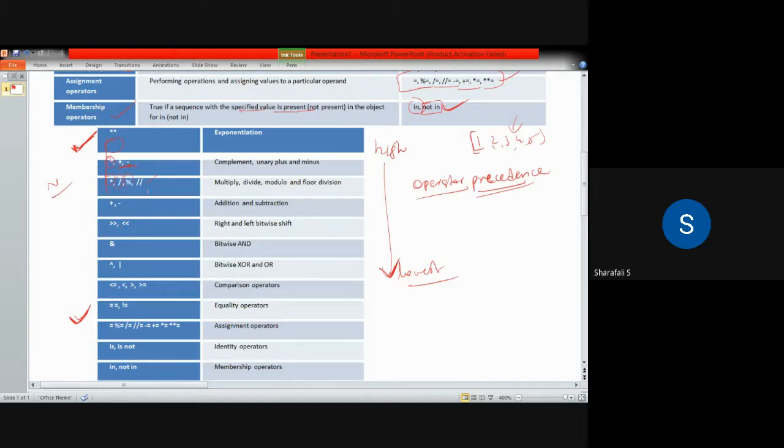The remaining operators, as you can see from this table, follow in the same order. The last, lowest precedence is given to in and not in. I am talking about this in terms of keywords.